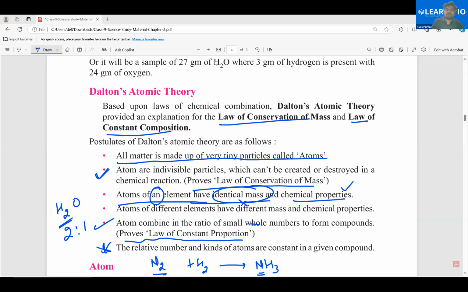Okay, let's write the drawbacks. What are the drawbacks of Dalton's atomic theory?